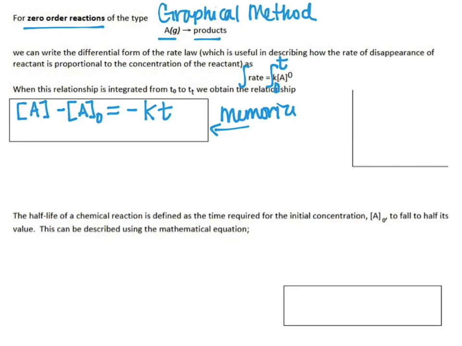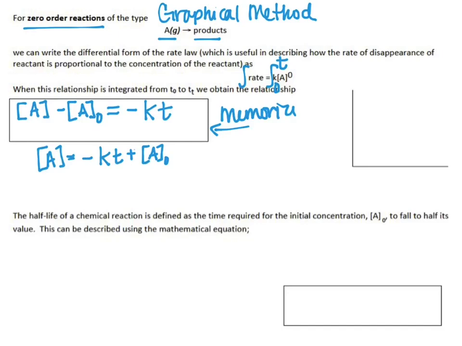What we can do with this integral is linearize it. When we linearize it, the concentration of A is equal to negative kt plus our concentration of A at time 0.